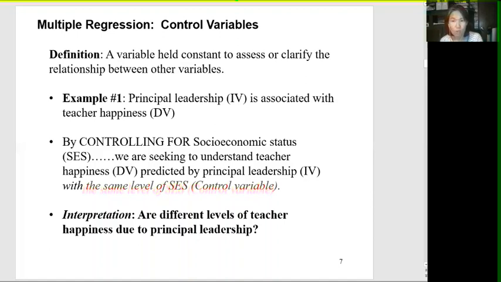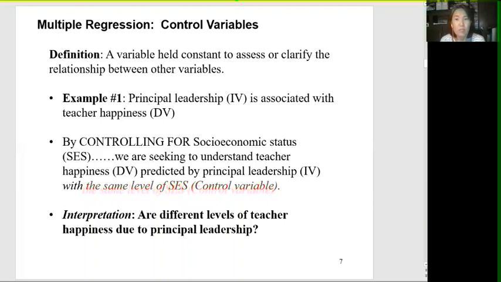And even though control variables are still theoretically influential on the Y outcome variable, you are not interested in them, okay? Statistically, there's no difference between control variable and independent variable. Anyway, let's read the example.